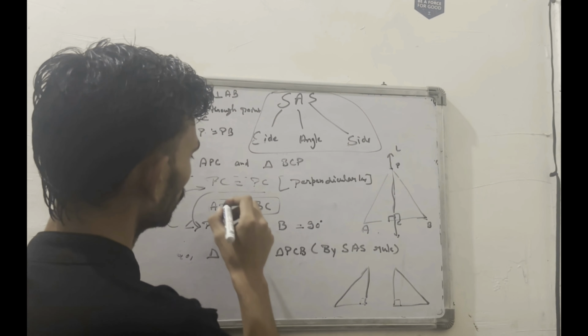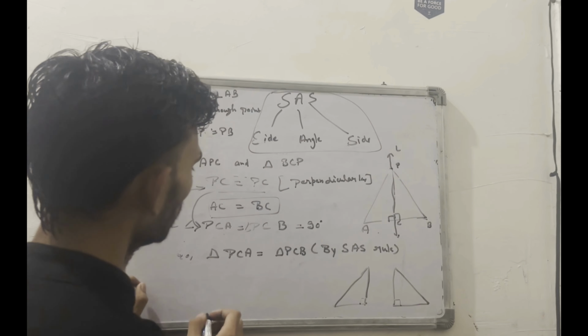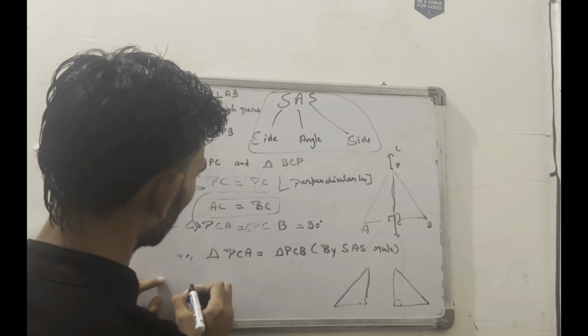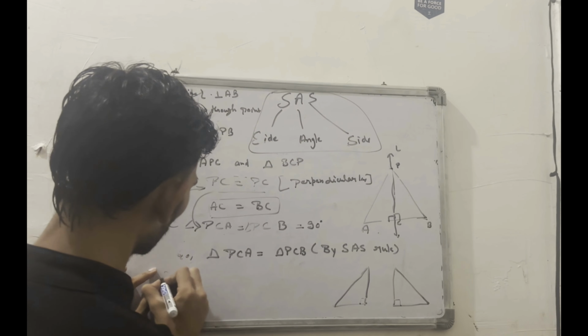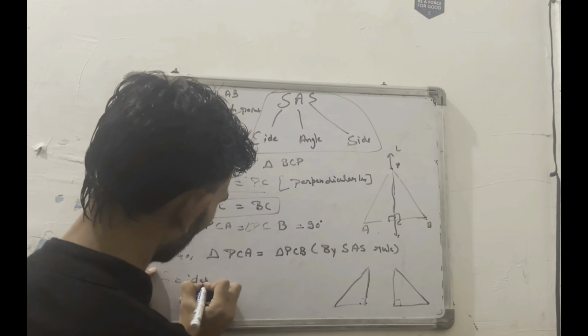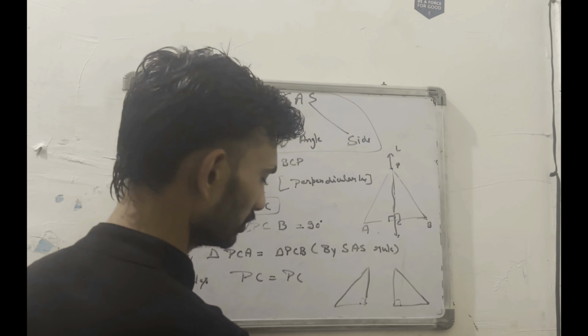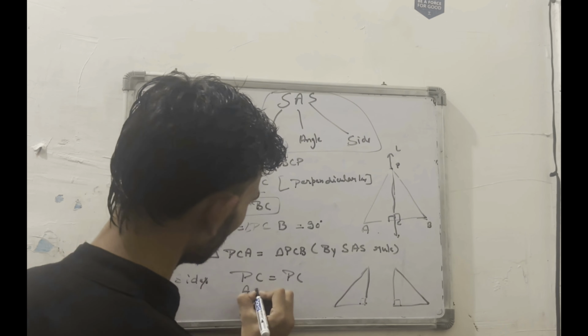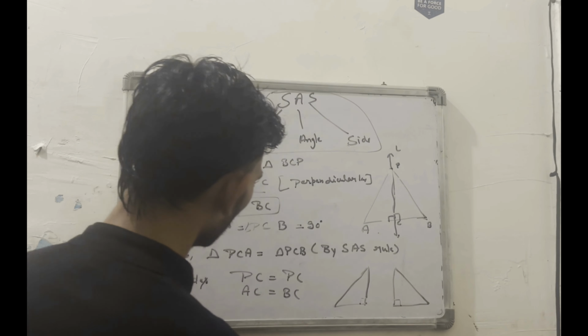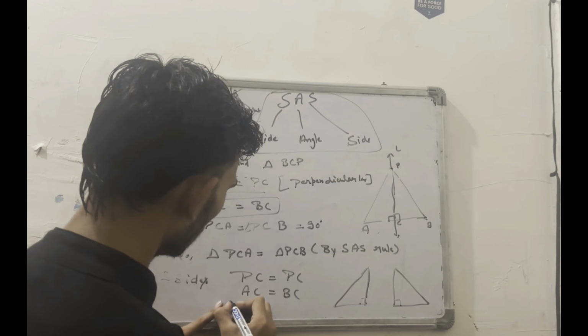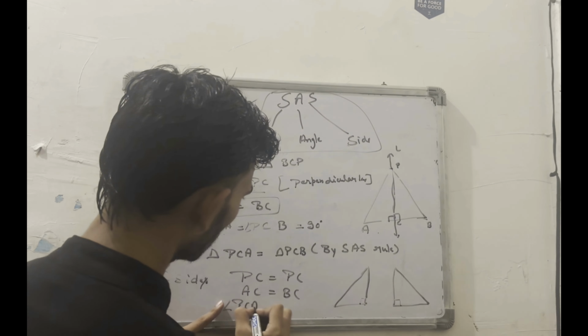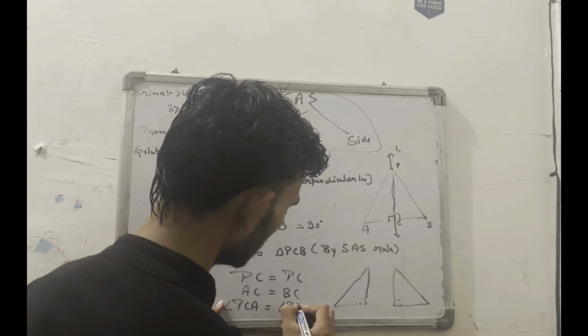Here we have got two sides, PC equal to PC, AC equal to BC, and then angle PCA equal to angle PCB.